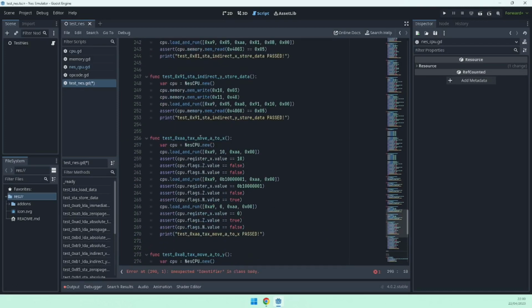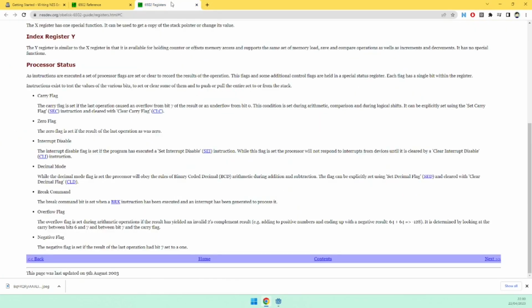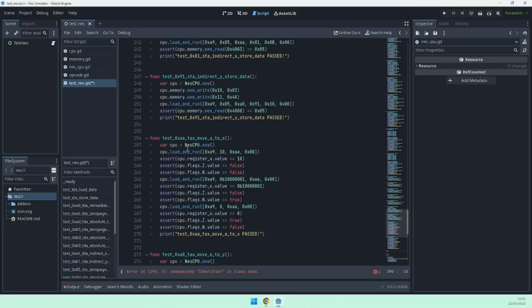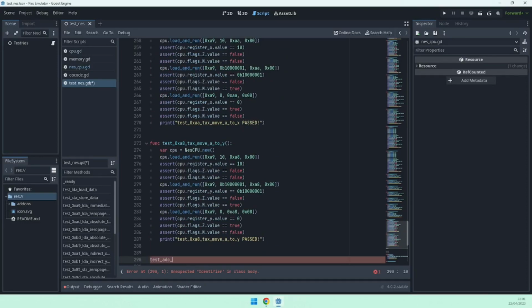How is the name? Right, so I have to come here and check what are the opcodes. 0x69 for immediate. ADC, add with carry.